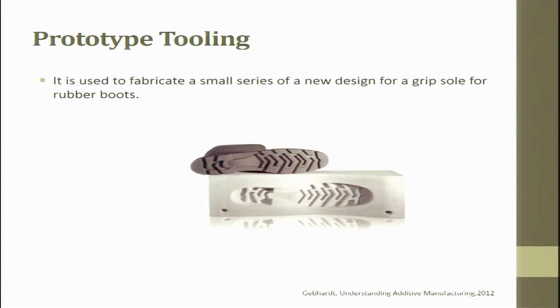So, prototype tooling: these are tools which are used for prototyping, just to see the outlook. For example, we are trying to make a tool which is used for making prototypes, so that you can show it to customers, try to impress them, get their feedback and improvise.